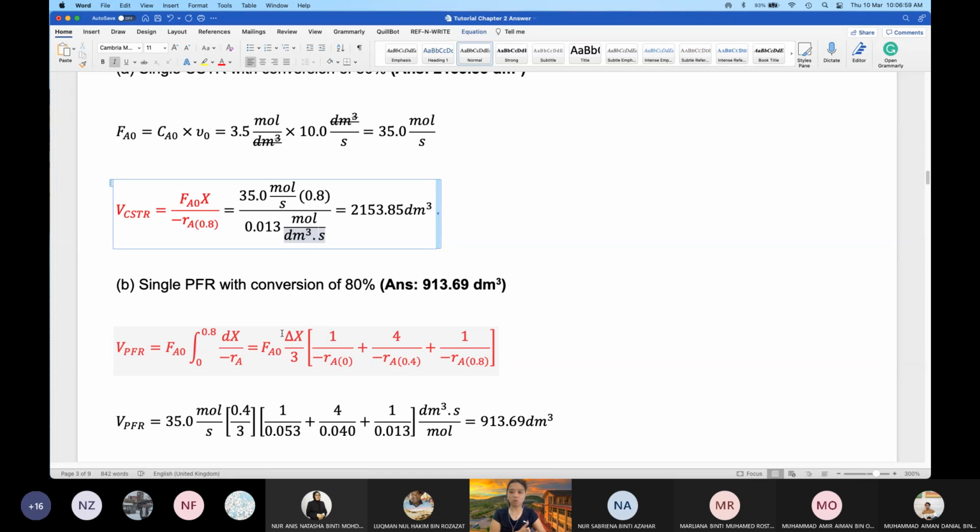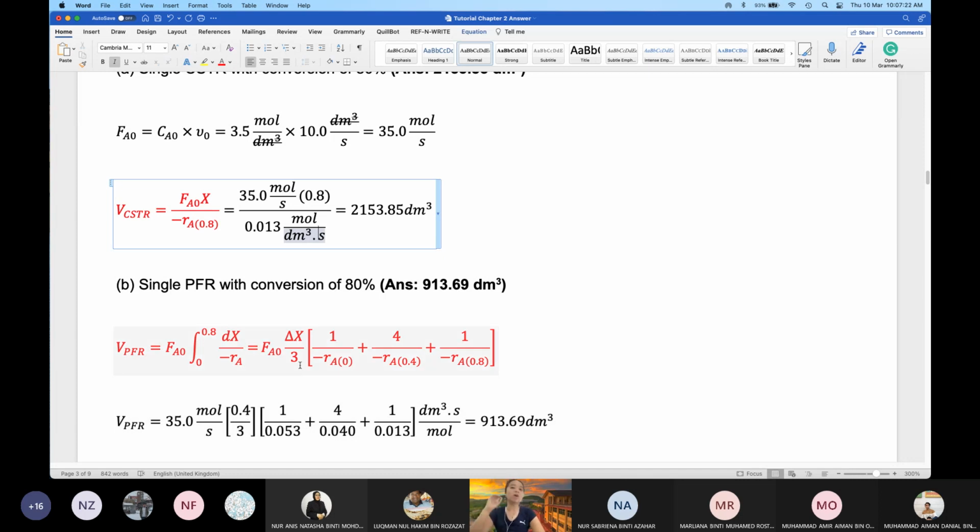So initial x 0, middle x 0.4, delta x 0.4. Ataupun kamu nak cari kat belakang pun boleh. 0.4 to 0.8. The difference is also 0.4. So delta x 0.4 divided by 3. Okay, so done. 0.4 bagi dengan 3 sebab equation dia kata kena bahagi dengan 3.